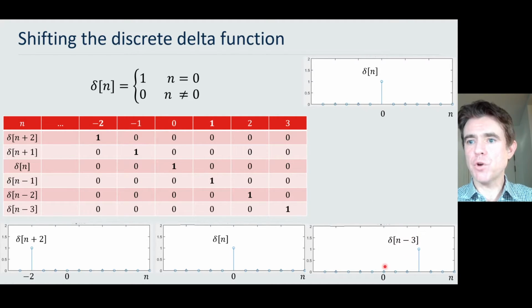Or if it's shifted to the right, delta n minus 3 shows a function with a value of 1 at n equals 3 and 0 elsewhere. That's the example shown in the last row of that table. Hopefully this is all fairly obvious, but very important to understand clearly.